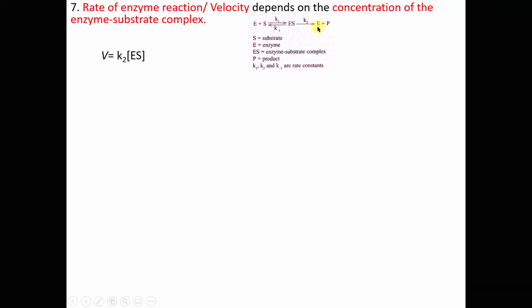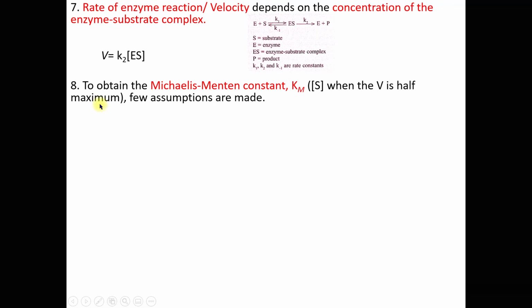Okay, K2. So now, based on this equation as well as the Michaelis Menten formula, they came out with V equals K2 times enzyme substrate complex concentration. Now to obtain the Michaelis Menten constant, Km, a few assumptions are made.